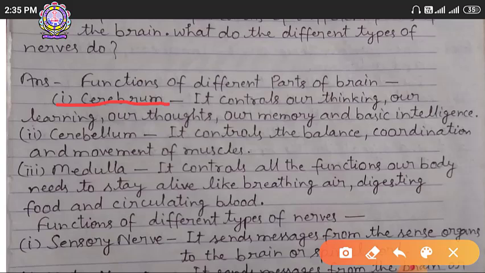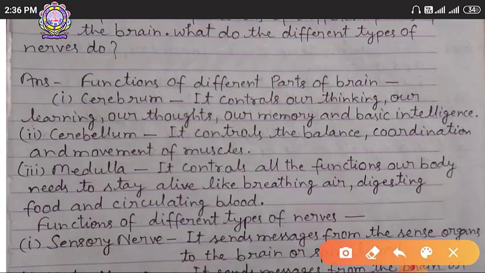It controls our thinking, our learning, our thoughts, our memory, and basic intelligence. What can the cerebrum control? It can control our thinking, learning, thoughts, memory, and basic intelligence.